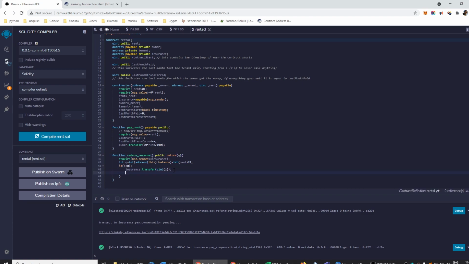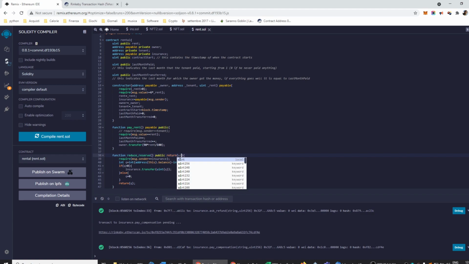So in this case, we do the following, else q equals 0. It's not required, however. And now return uint.